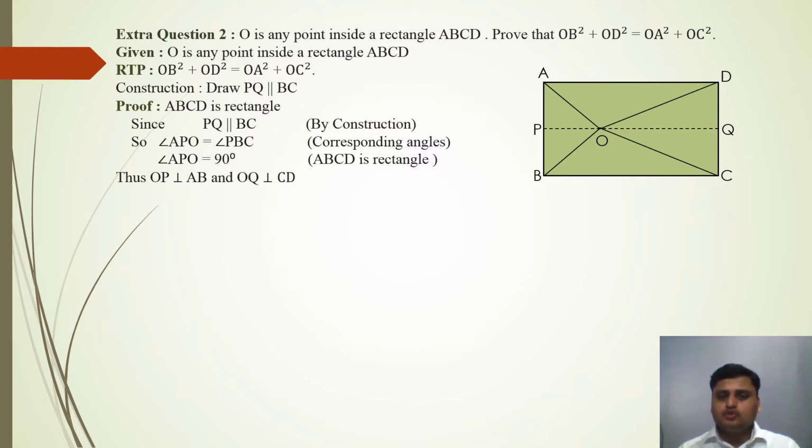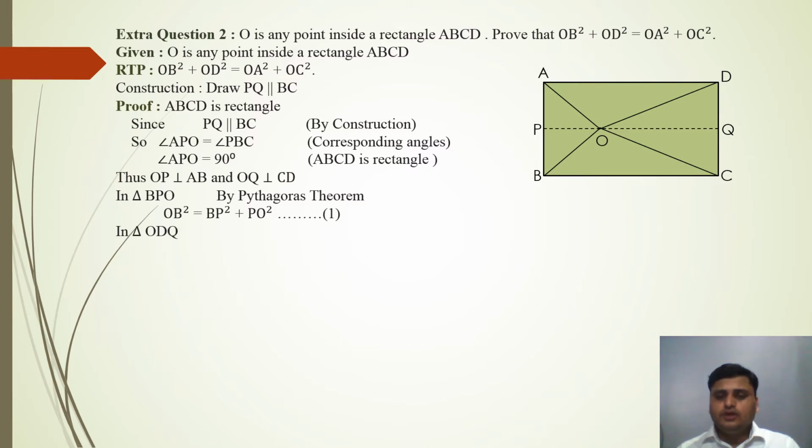Similarly, OQ is perpendicular to CD. Now what will we do? We will apply the Pythagoras theorem one by one. First of all, in triangle BPO, we will use the Pythagoras theorem: OB square is equal to BP square plus PO square, and assume this one as equation number 1.